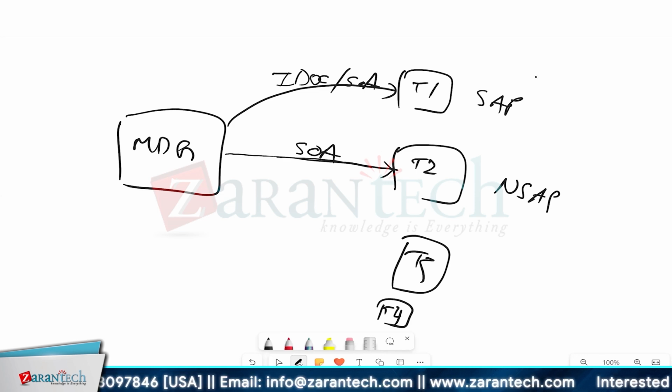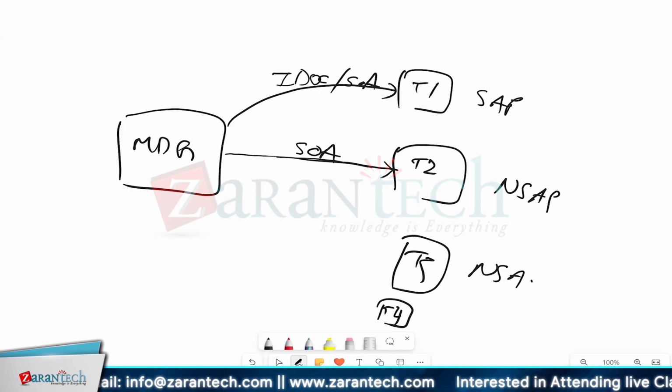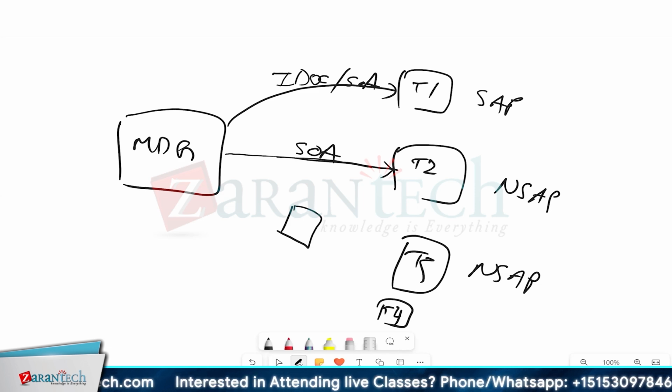It's a universal format. So this is one option. You may also have another system where, for example, you need to keep one middleware in between.